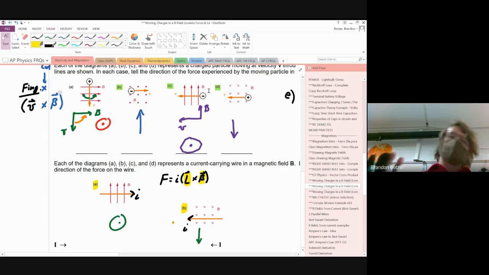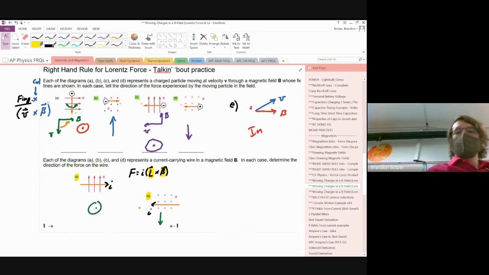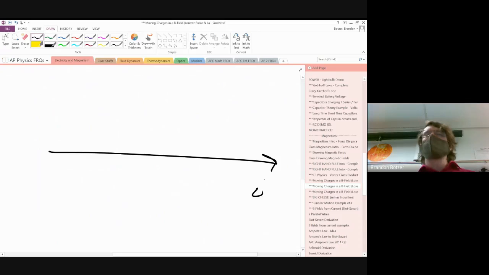What we're going to talk about, though, before the end of this class, is another right-hand rule that exists, because there's so many of them. Imagine that I have a wire of current I, and this current is acting to the right.